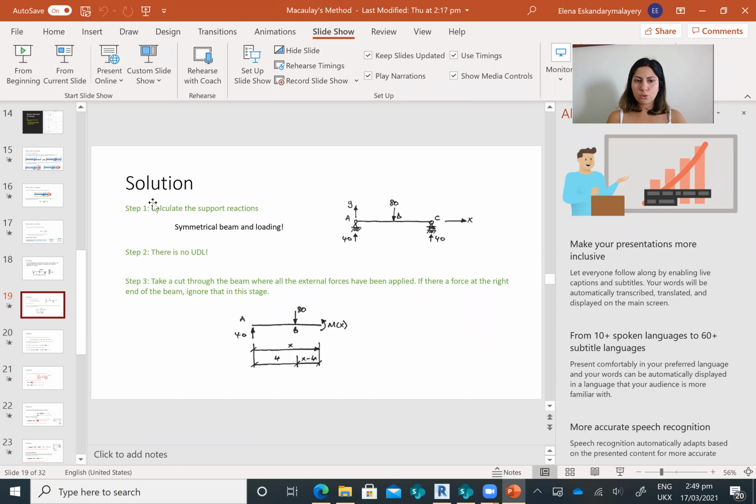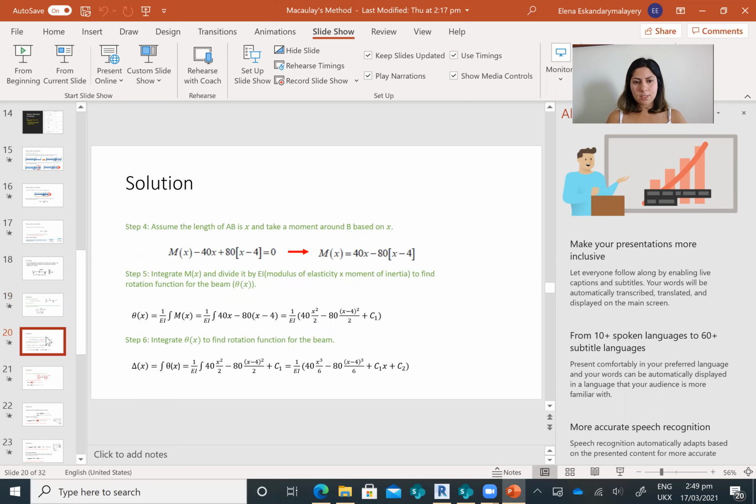So I've been through step 1, step 2, which was UDL that I didn't have, and step 3 to cut through the beam. Step 4, derive the moment about that joint, and then integrate this once to find the rotation, and integrate it once more to find deflection. Okay.